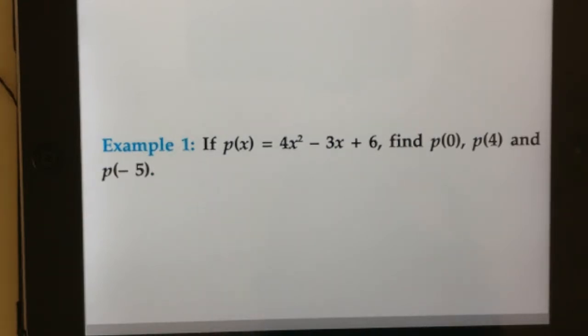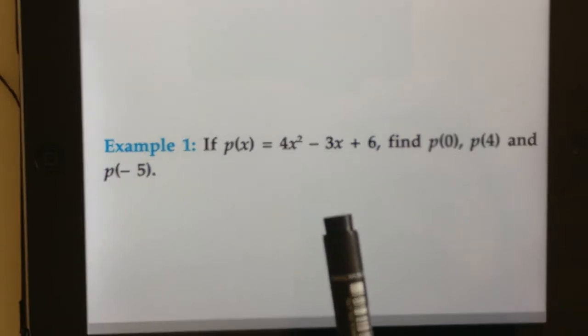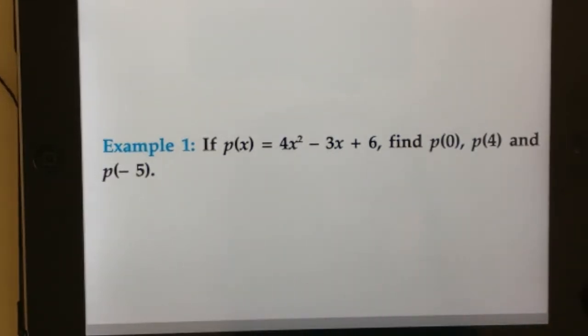So first we are going to put 0. If we put 0 in the place of x, 4 into 0 square minus 3 into 0 plus 6, what will be the value of the polynomial? You can pause the video, put the value of x as 0 and solve it, put the value of x as 4 and solve it, put the value of x as -5 and solve it. And check.